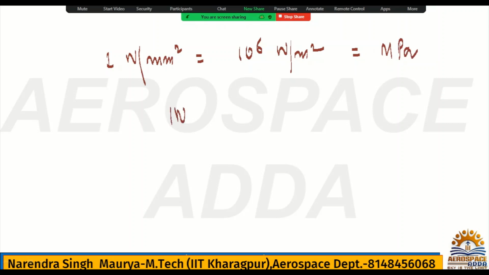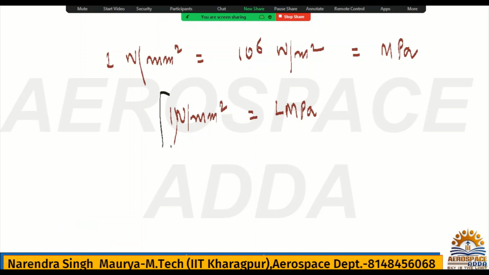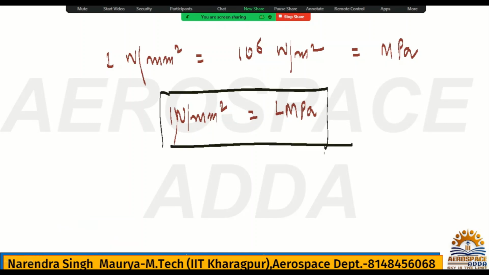So 1 Newton per mm square is equal to 1 megapascal. That you need to remember always. It's not LMPa. There should not be confusion: 1 megapascal.